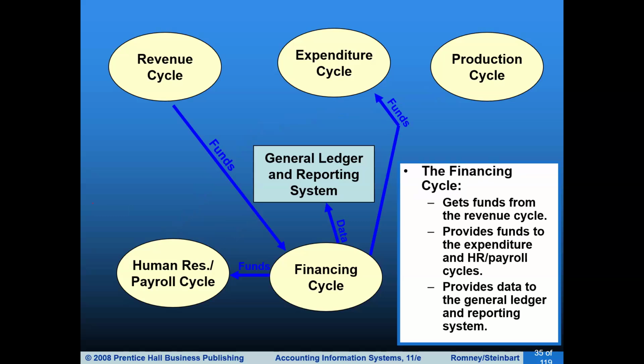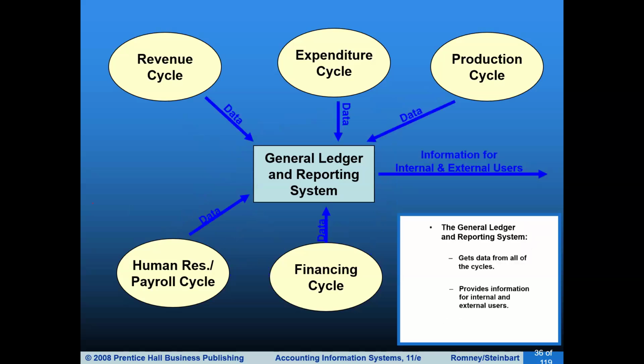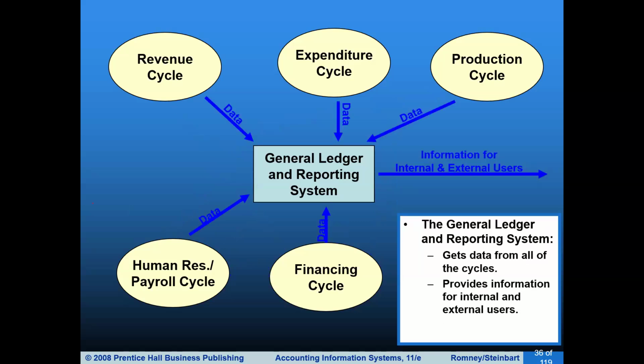It gets funds from the revenue cycle, provides funds to the expenditure and payroll cycles, and provides data to the general ledger and reporting system. Finally, the GL, the general ledger and reporting system, is where everything is amalgamated.